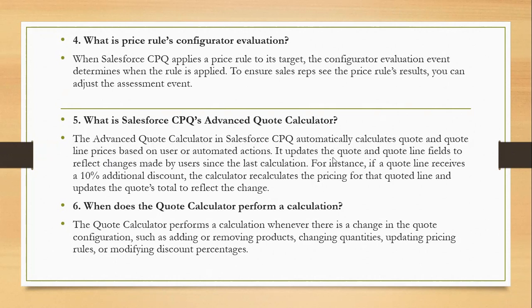It updates the quote and quote line fields to reflect changes made by users since the last calculation. For instance, if a quote line receives a 10% additional discount, the calculator recalculates the pricing for the quote line and updates the quote totals to reflect the change.